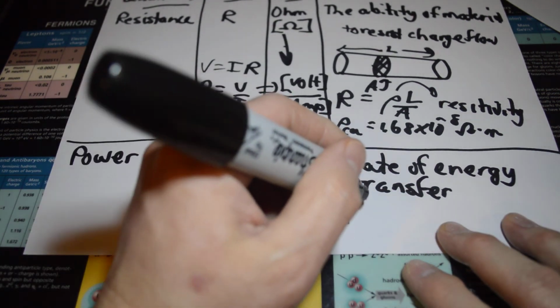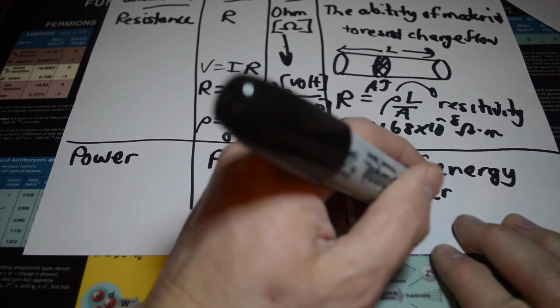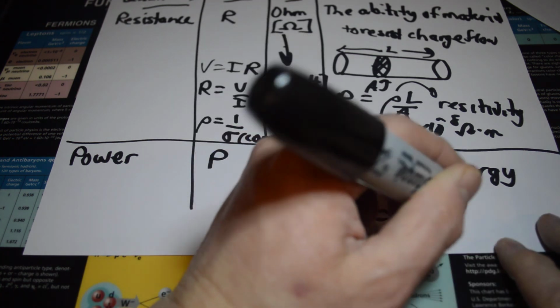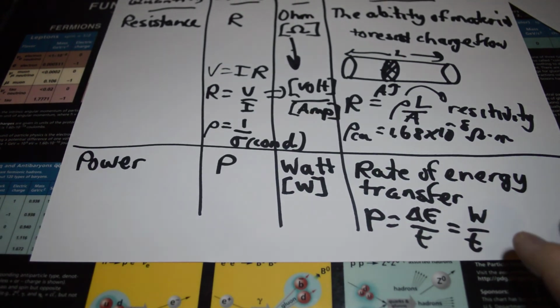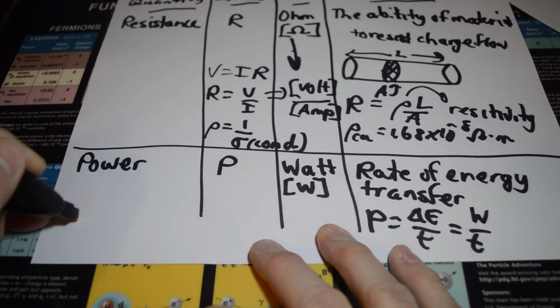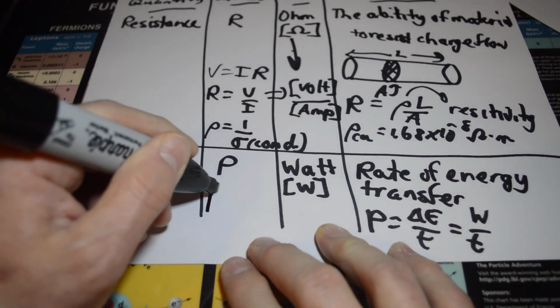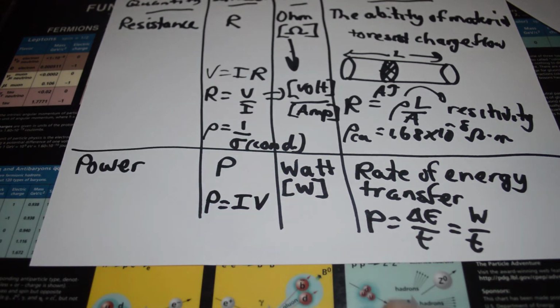The equation for that would be the power is the change in energy over a certain amount of time. We said last semester work over time, but that's the same thing as a change in energy. Now, how does that relate for all these variables we just used? Well, the power is the current times the voltage for a material.